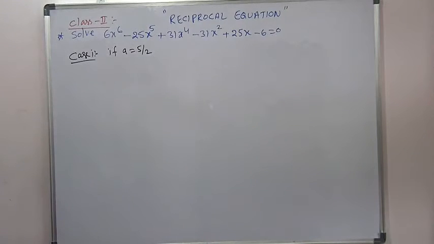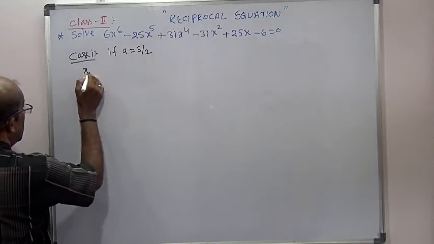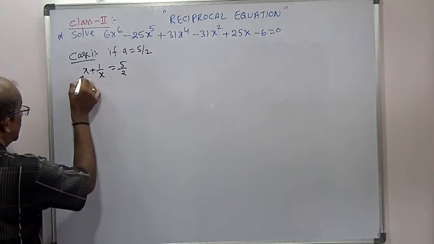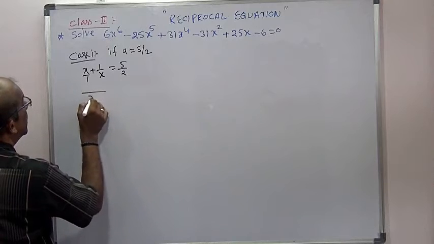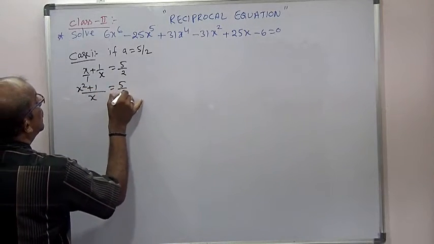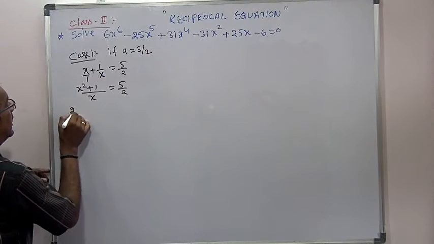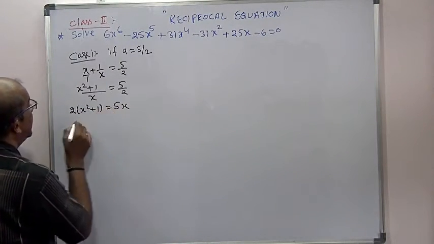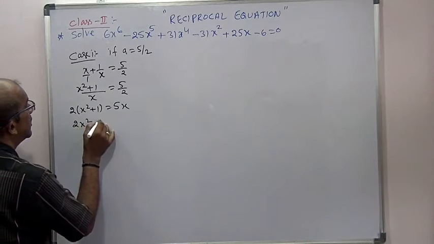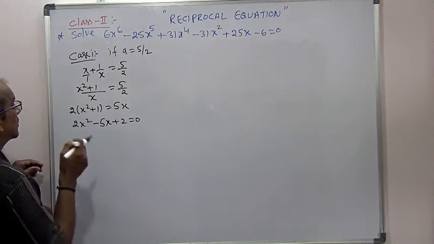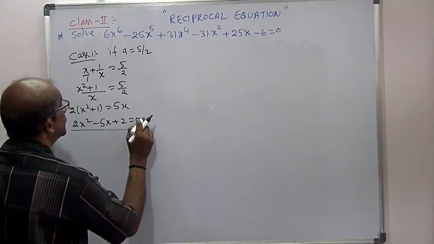So 2x square minus 5x plus 2 equal to 0. This is a quadratic equation.